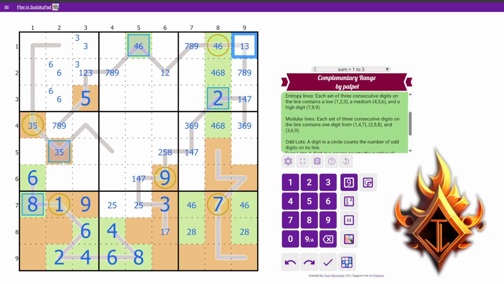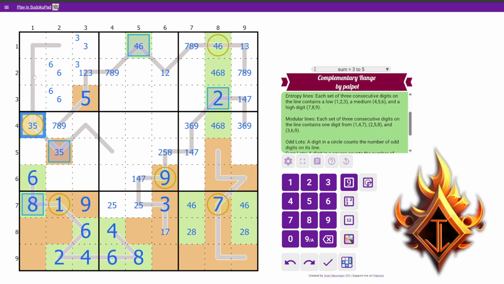Okay, now if this is 5, this would be a 2. That's okay. If this is 5, right, it could not be entropy.